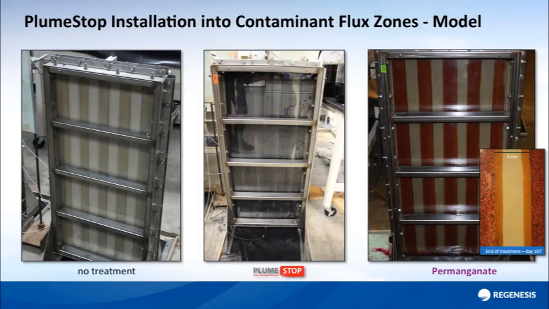So the permanganate has progressed perhaps a centimetre into the low perm zone over the 3 months of the study, whereas the PlumeStop pretty much found its way through the silt as well as the high perm zone without getting washed out. So it is remarkably penetrative, even though it is not necessary for it to get deep into the low permeability formation.